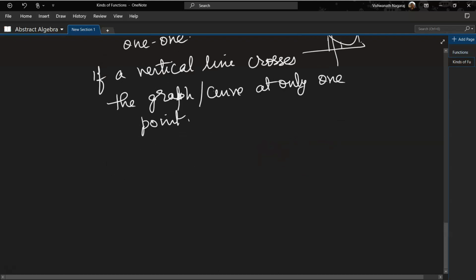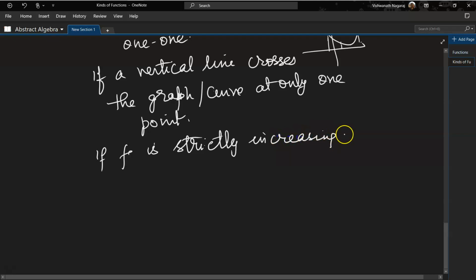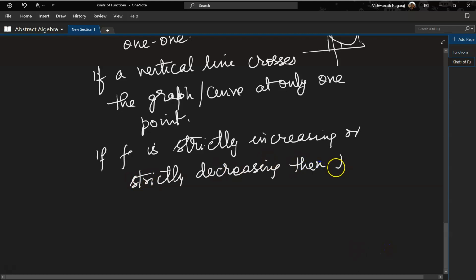Now it is very apparent that if the function is strictly increasing or strictly decreasing, then the function is injective.